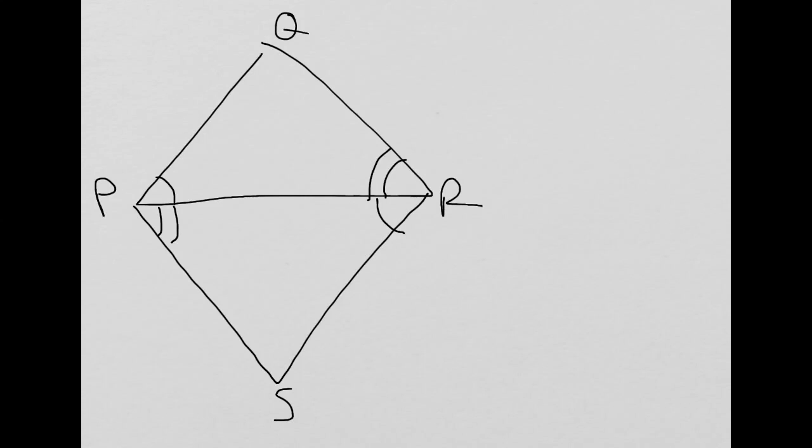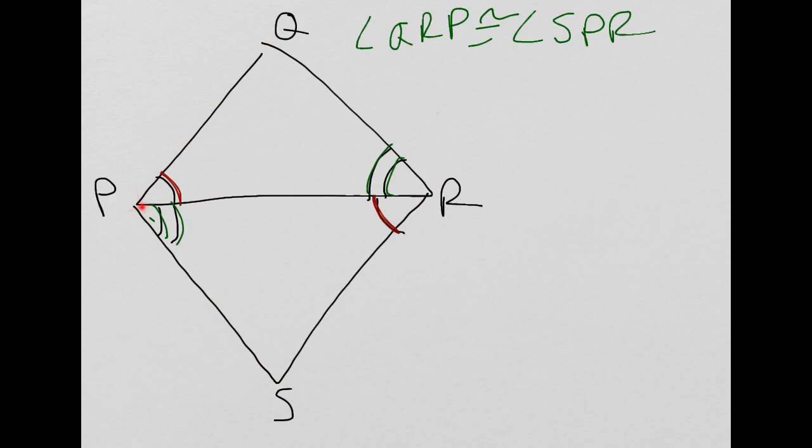Now that you've had a chance to work on it on your own, let's take a look at it together. So I notice that I have some congruent angles in this figure. First I have these guys right here, so I can say angle QRP is congruent to angle SPR. So I'll write that down. Then I have this angle right here is congruent to this angle right here, so I have angle QPR is congruent to angle SRP.